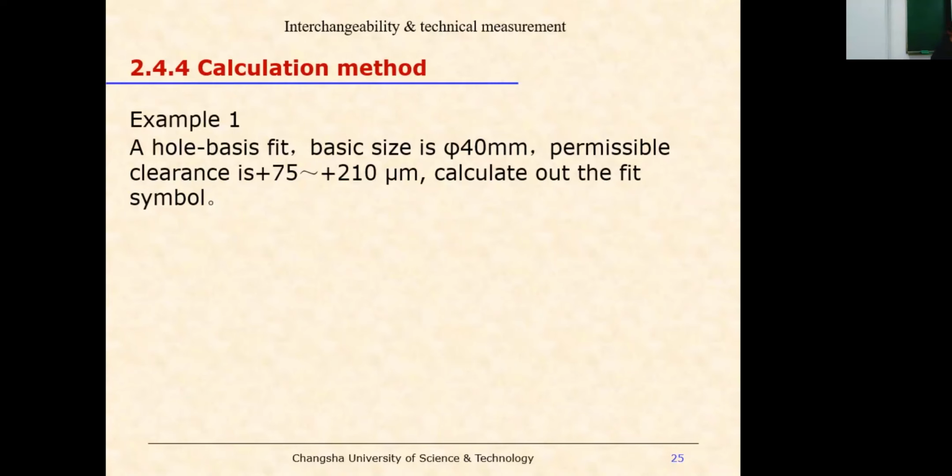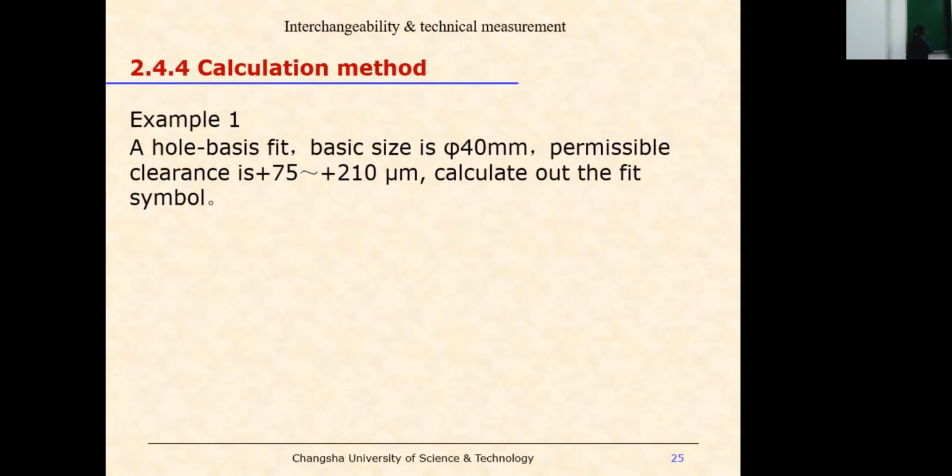And how do you choose? How do you choose the grade, or design the tolerance grade? It already gives you the clearance, the fit type, and then how do you design the fit, the grade? Like you give your boss G7 or H6, like this one.